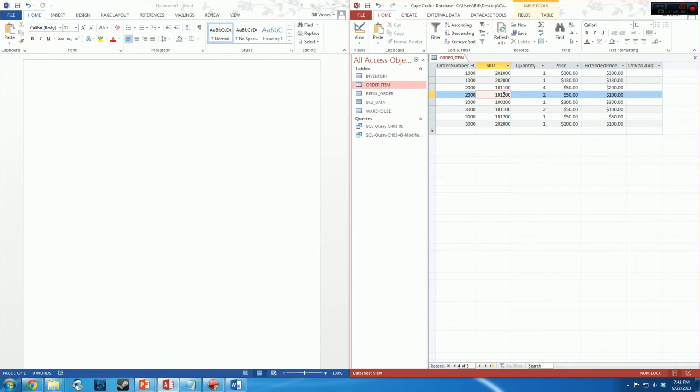These are always $50. And that makes business sense too, because an item should cost the same no matter who bought it. So we can say that SKU determines price, which is good. Item 101-100 costs $50. Cool. Makes sense.